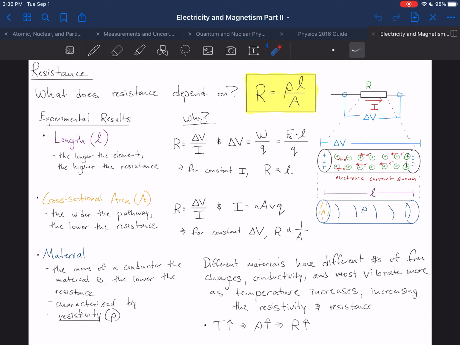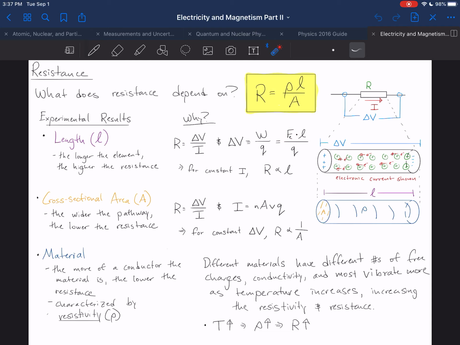And so what that means is that for a given current, assuming you want to keep the current the same, the resistance R is proportional to delta V, and that delta V is proportional to Fe, the electric force, dot L, the length, divided by the charge.